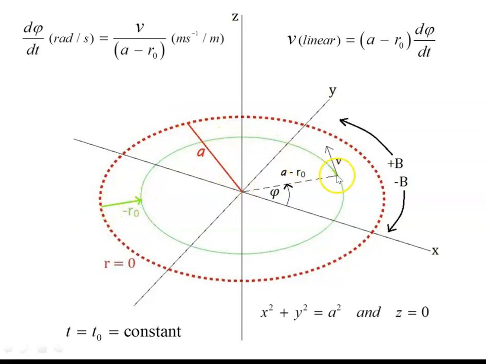This takes us down to the green circle here. Okay, here's our angular coordinate here. A minus r0 is our radial value, if you like. So our v linear becomes a minus r0 times d phi dt. Plus v is in the conventional positive angular direction, minus v in the negative angular direction.